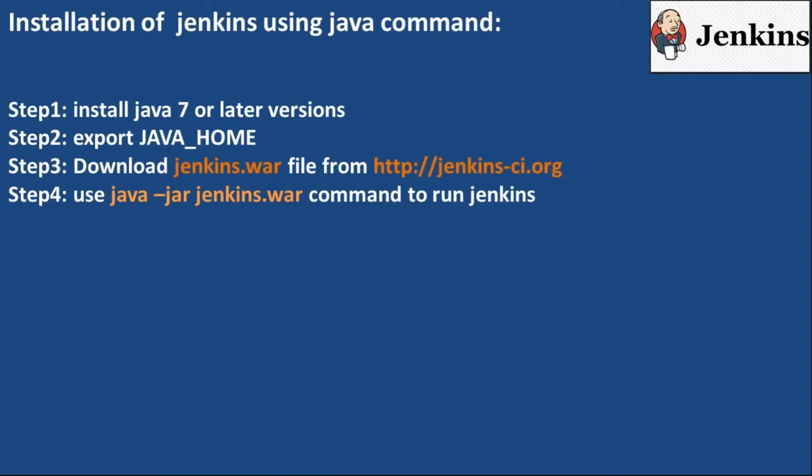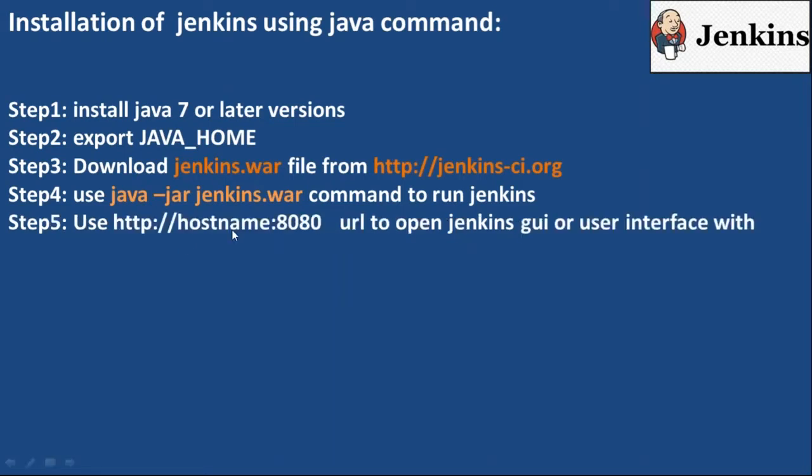After running this command, once Jenkins is up and running, to see the user interface you need to open this URL. This URL is nothing but your host name, which may be localhost or any IP address, then a colon and port number 8080.